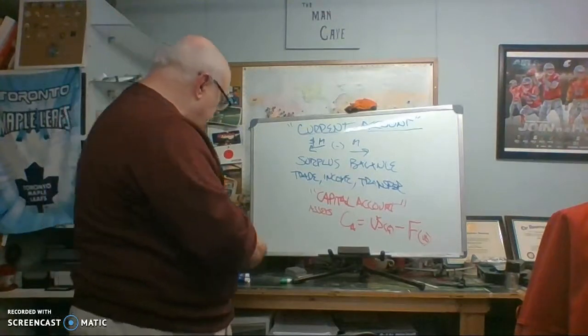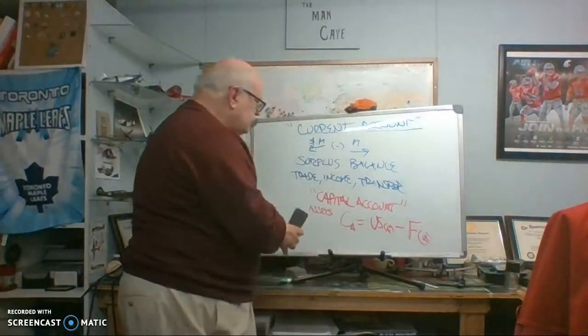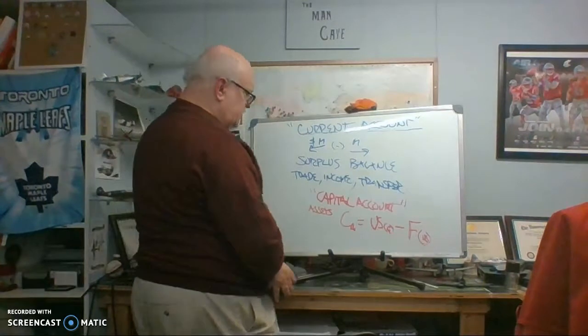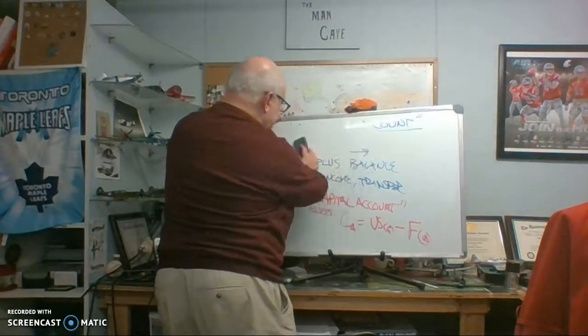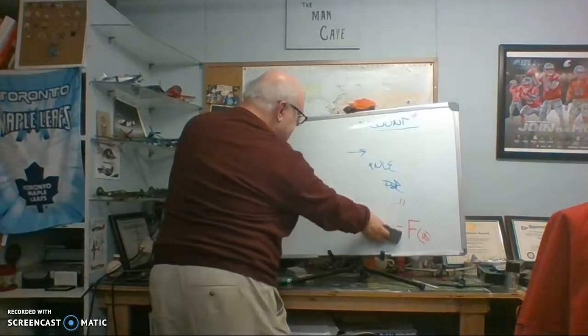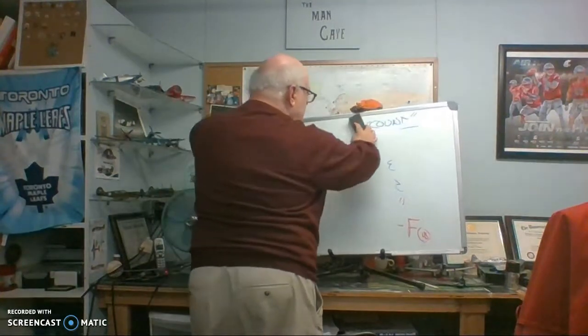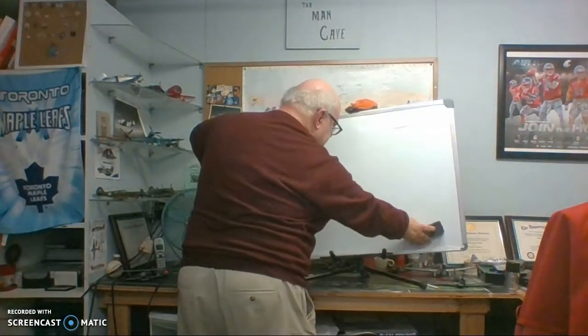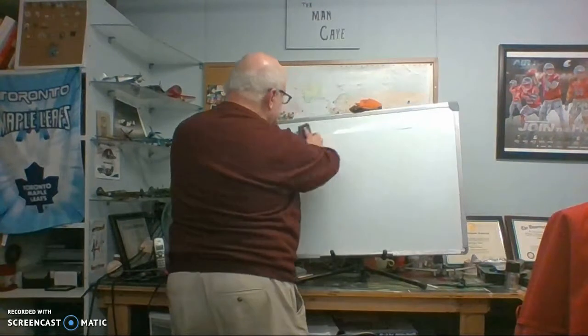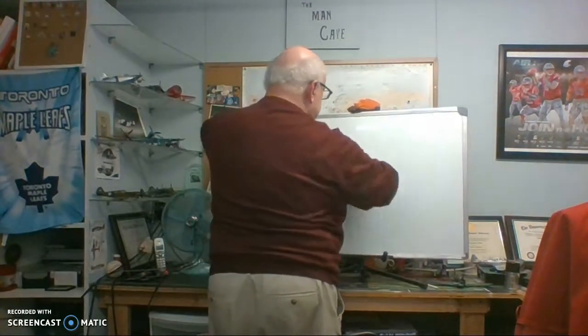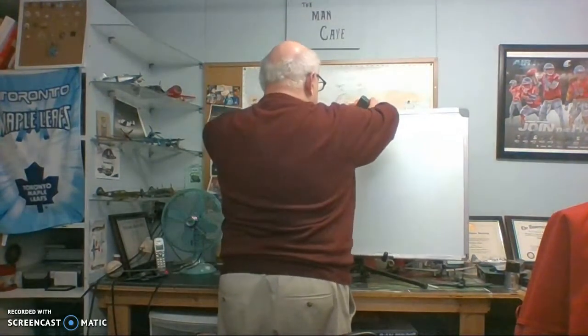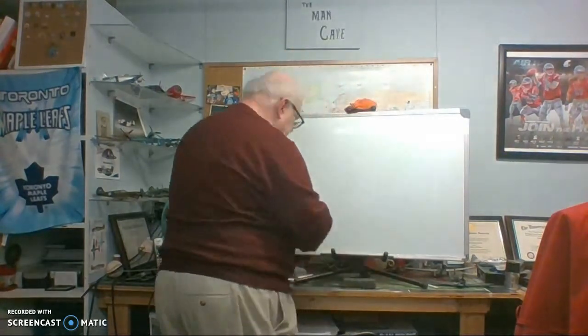Get that? Now, the most important thing here that we need to recognize, and when I first read this a number of years ago, I thought, this doesn't make sense. But it kind of does.